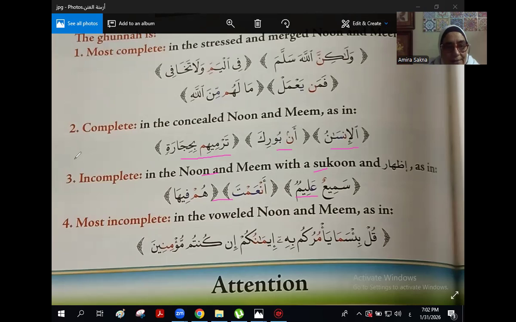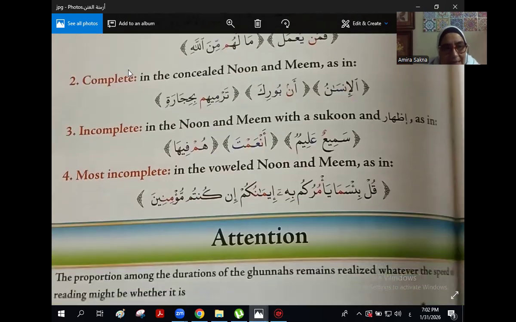Okay, fine. The third level is the incomplete ghunna. It is in the noon and meme with a sukun, and izhar.